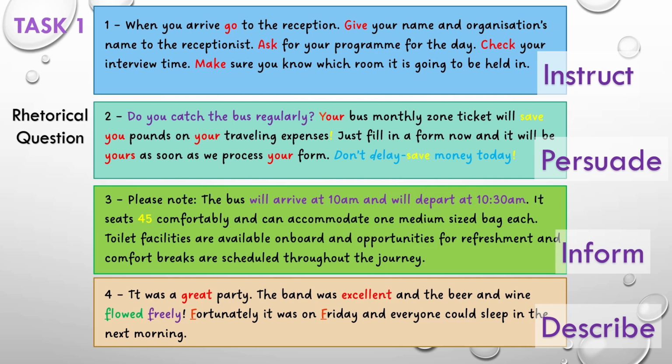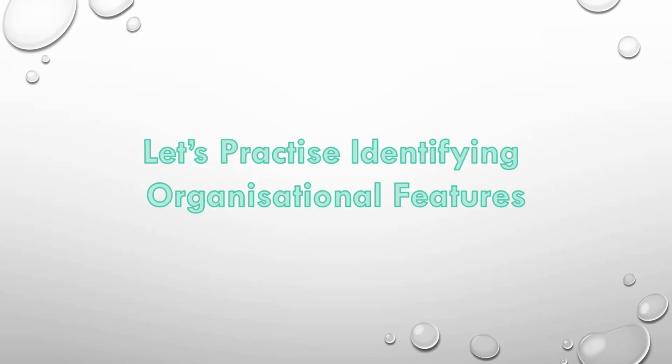And the fact that it flowed freely, we've added an adverb. So the word freely describes the word flowed. It describes the action. So an adverb describes the verb. This paints a picture in your mind and gives you a feel for what the party was like. How did you do?